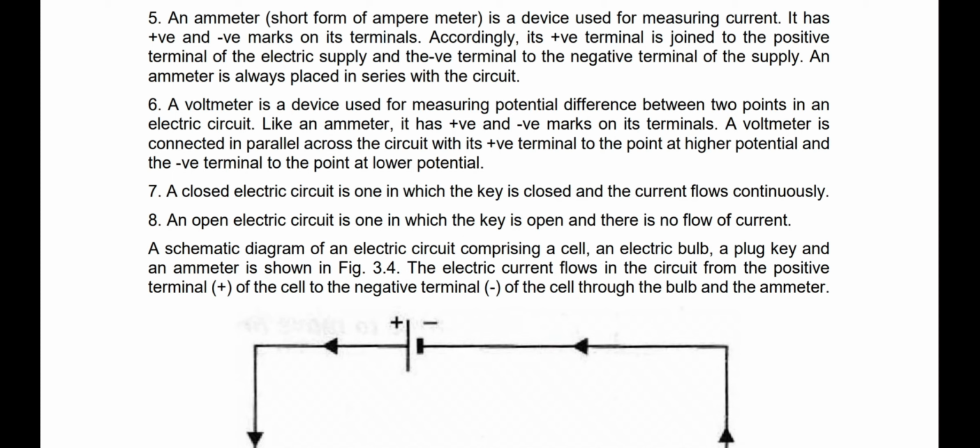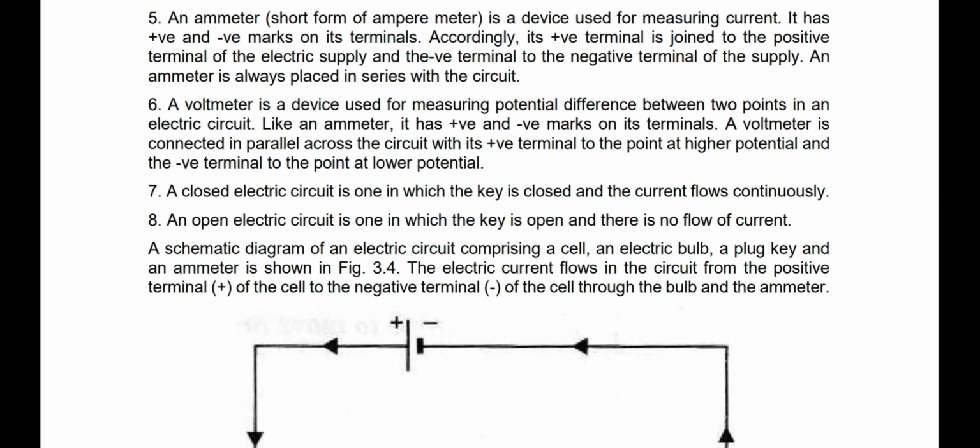Another device is the voltmeter, which is used to measure the potential difference between two points in any electric circuit. Like an ammeter, a voltmeter also has two terminals, one positive and another negative.